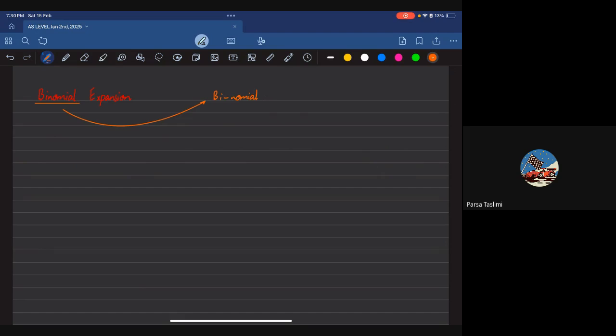Technically, if we try to break this down even further, bi means two, and nomial means numbers, or in our case this time around, we are going to refer to it as terms. Clear?